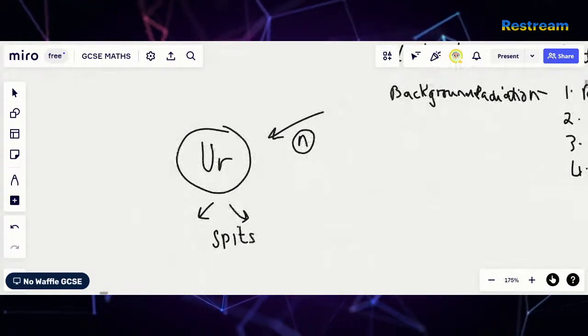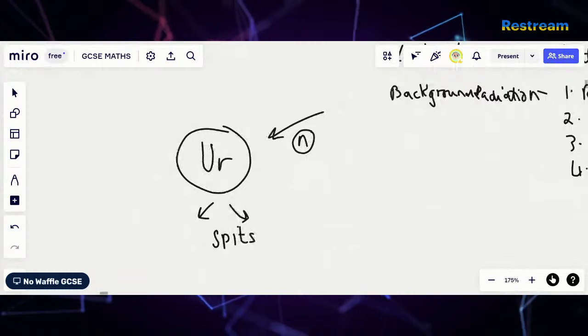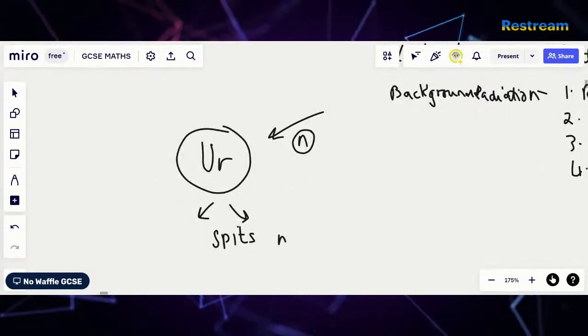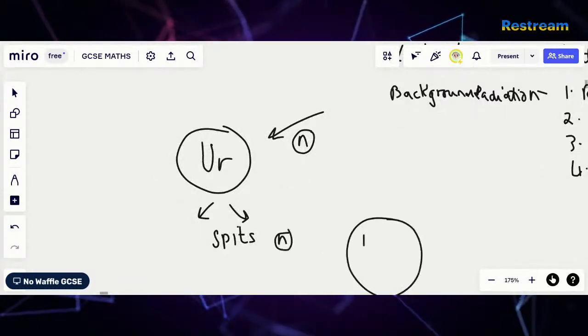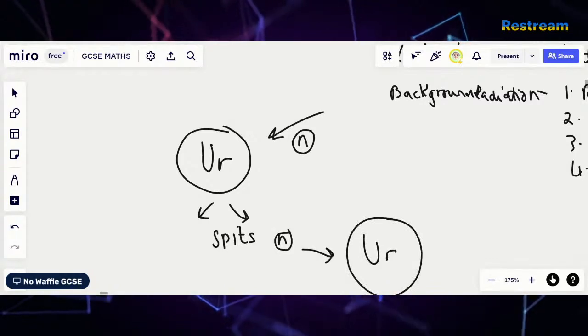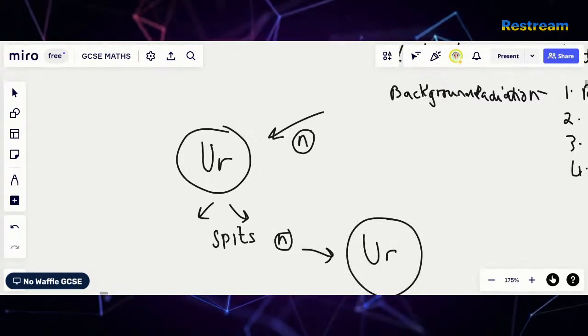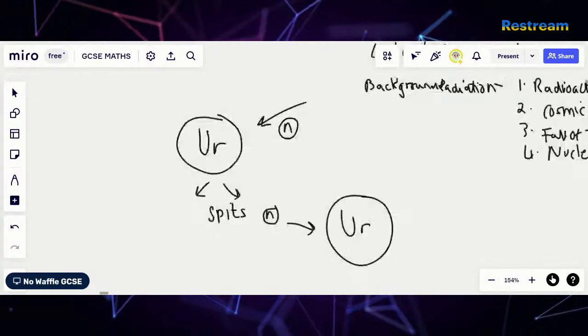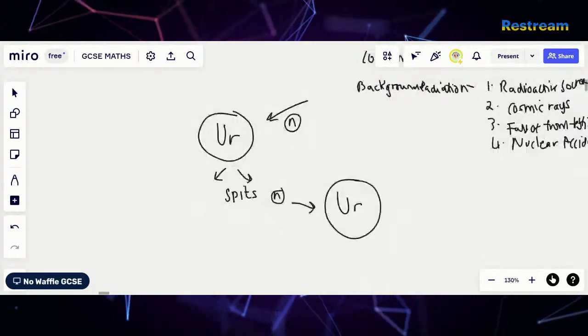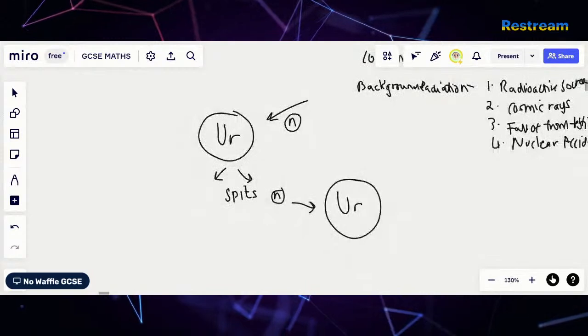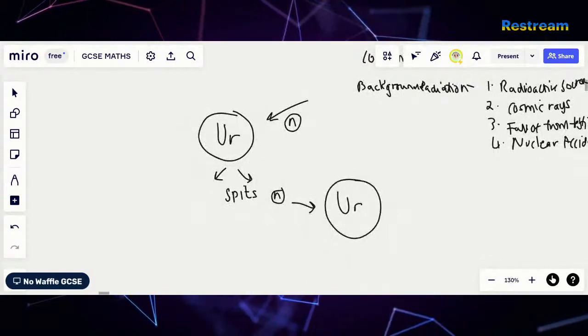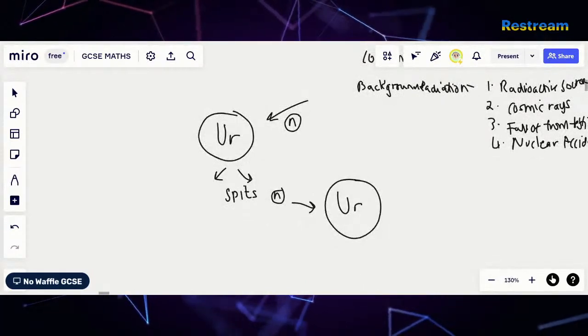This can cause a chain reaction because it not only splits into more uranium, it also produces more neutrons, which can therefore cause the next one to be hit, etc., and continue. So that's nuclear fission, when a neutron collides with a radioactive source and therefore causes it to undergo fission, forming 2 smaller nuclei and 2 to 3 neutrons.